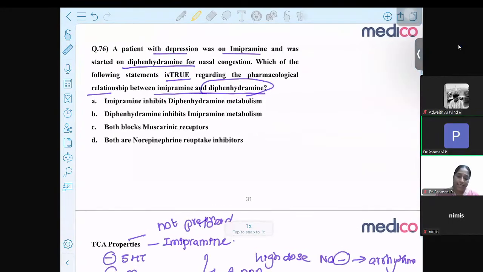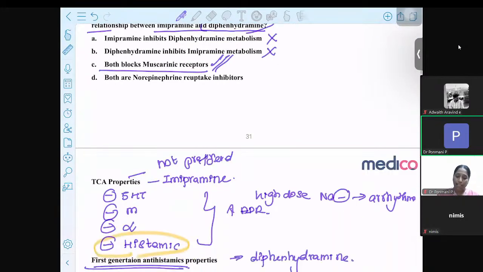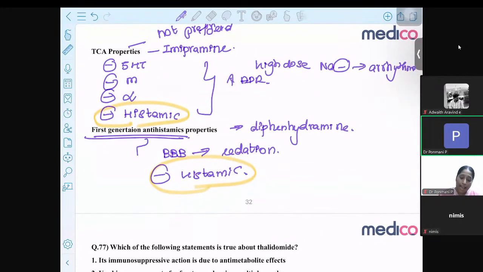So now let us look at the options. Imipramine inhibits the diphenhydramine metabolism. No, it has nothing to do with the metabolism. Both block muscarinic receptors. Of course, both block muscarinic receptors, because the first generation antihistaminics, in addition to blocking the histaminic receptor, have an additional property of blocking the muscarinic also.